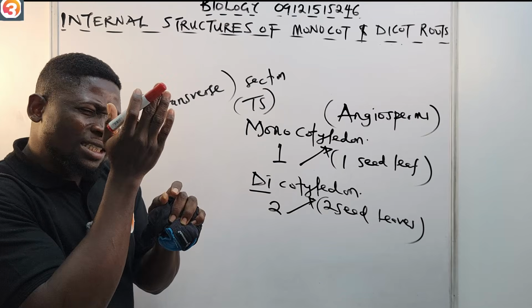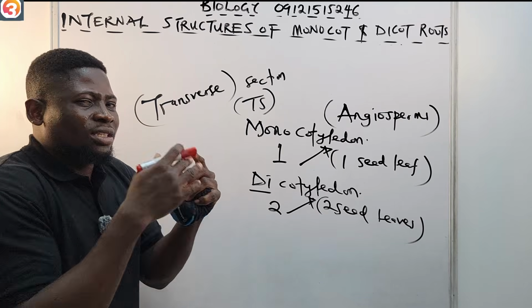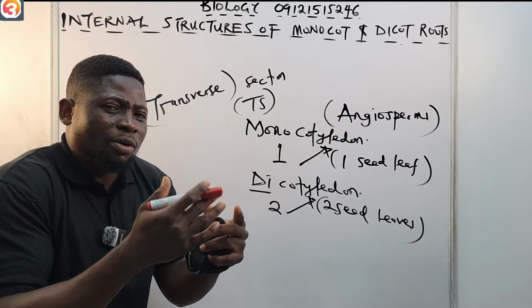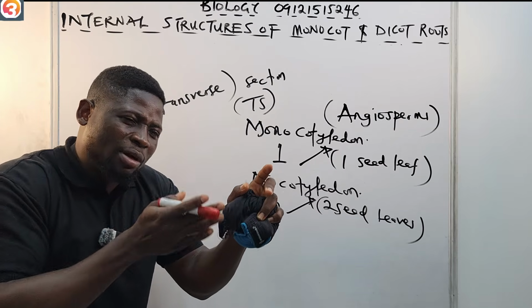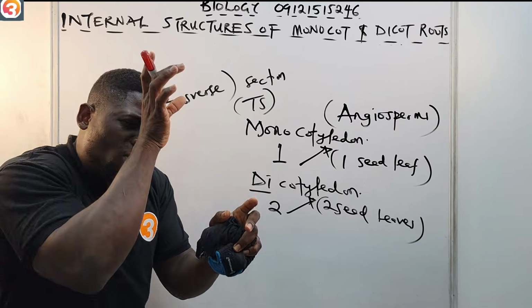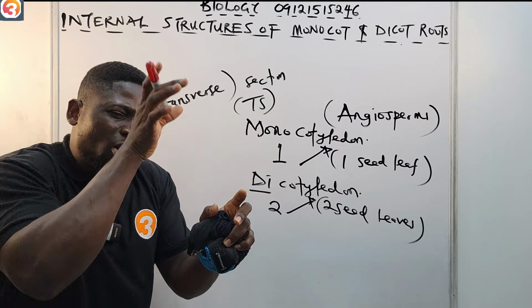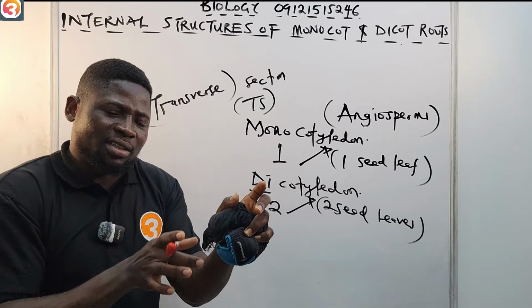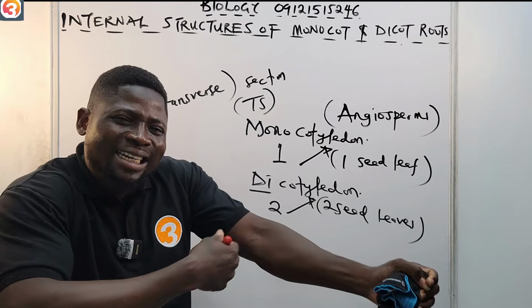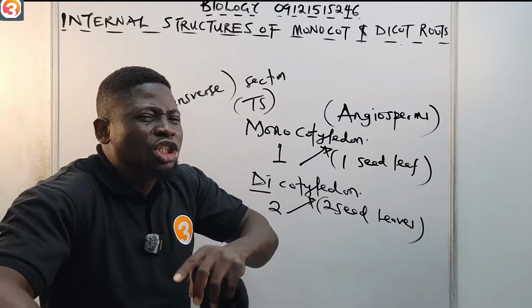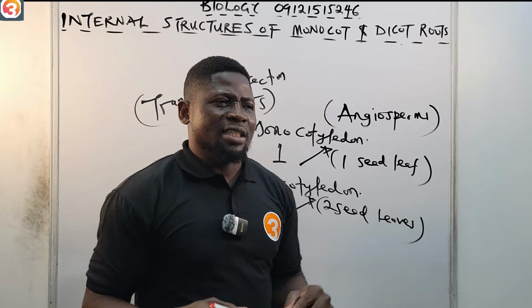And what does transverse mean? It means cross-sectional. We are cutting a thin slice along the perpendicular axis of the plant, and it will reveal to us the internal structures, all of the tissue arrangement in the plant.